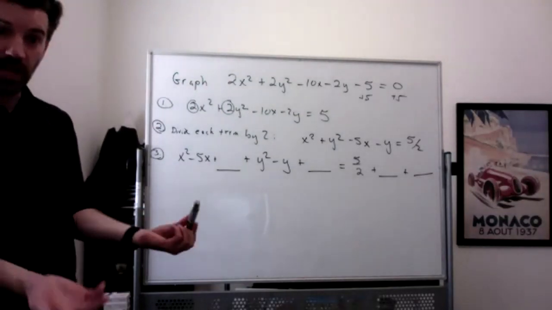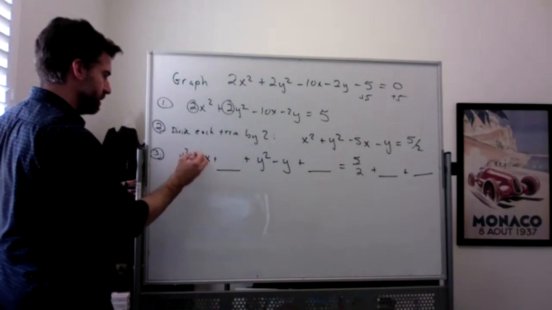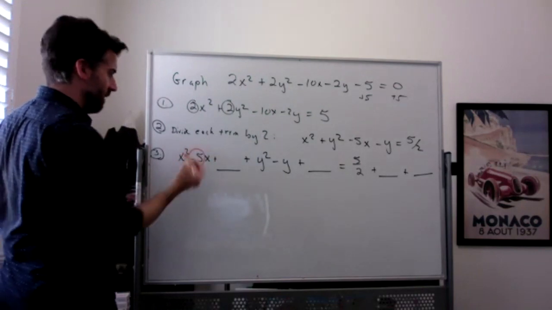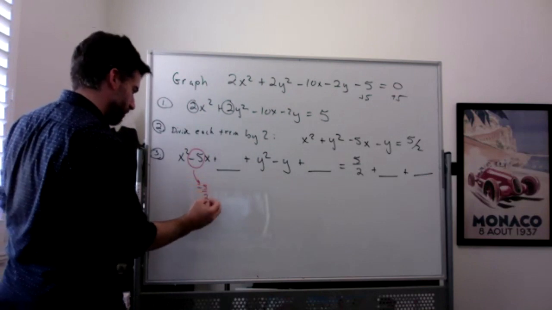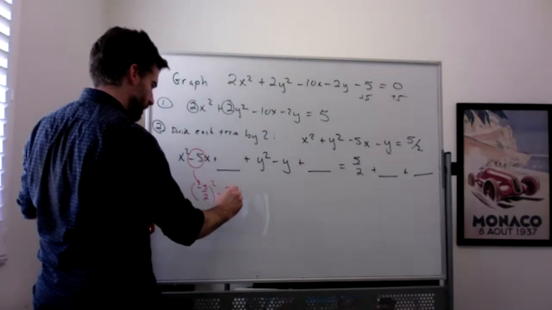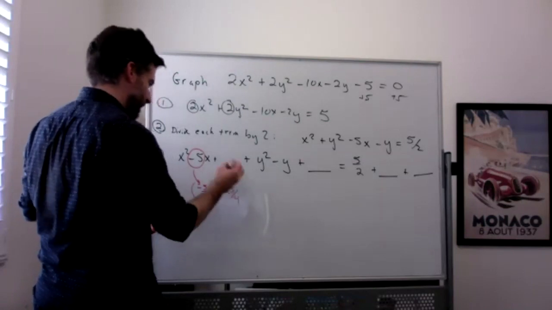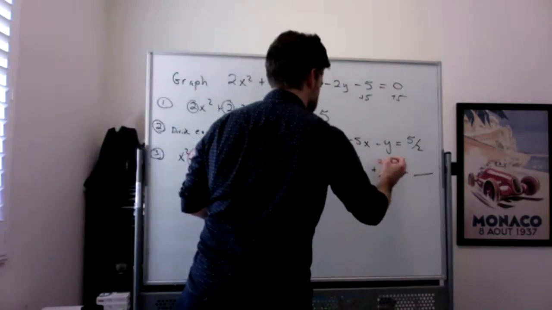I like to think ahead when I'm doing these completing the square problems. So for the x's, I've got a negative 5 as my coefficient of x. I divide that by 2, and then I square it, which gives me 25 fourths. So that's what I'm going to add here, and I'm also going to add it over here.